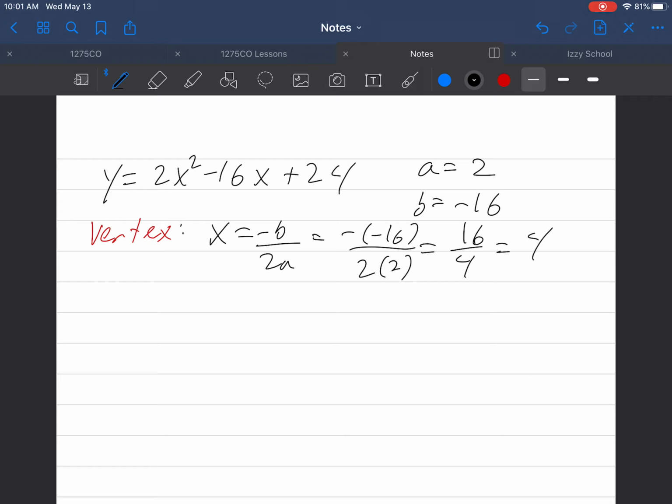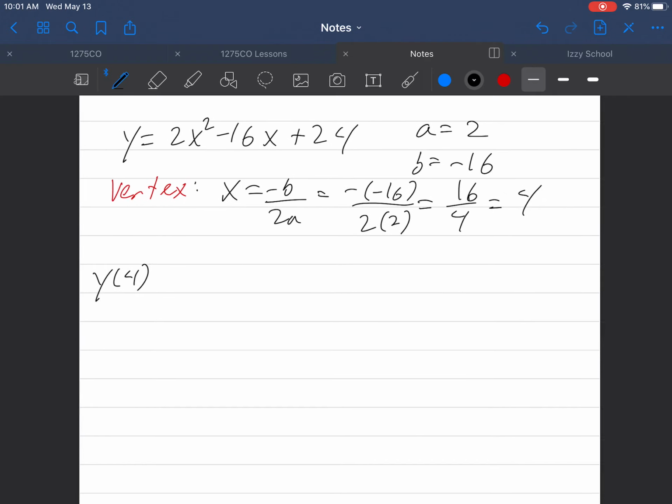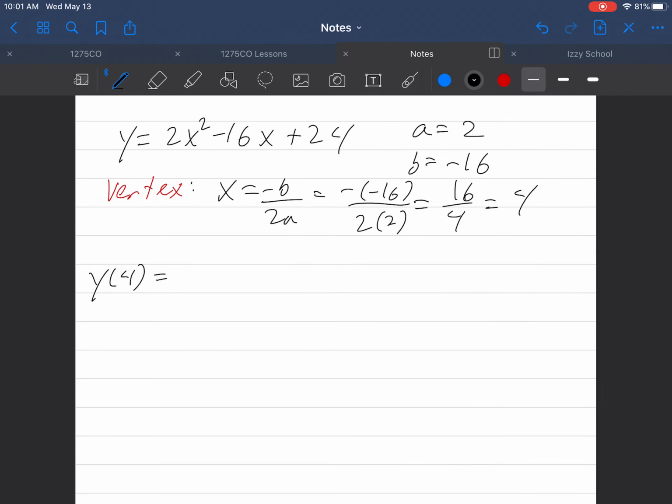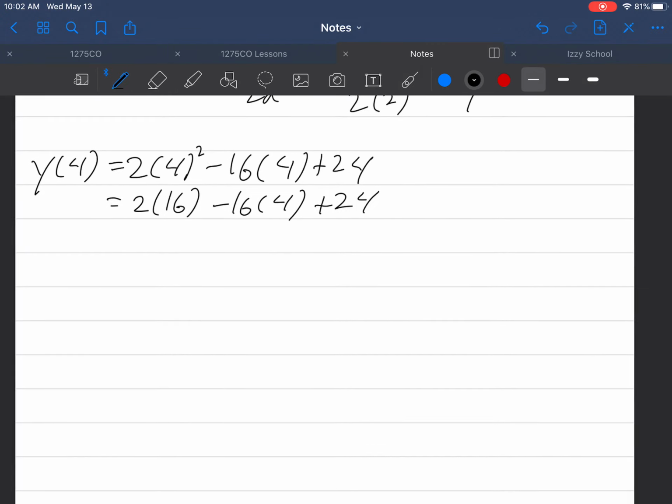And once again, this is not the entire vertex, this is just half of it. So if we take our y function and take y of 4, that means we're going to take this function 2x squared, meaning 2 times 4 squared, minus 16x meaning minus 16 times 4, plus 24. So that's going to be 2 times 16, taking exponents first by following order of operations, PEMDAS.